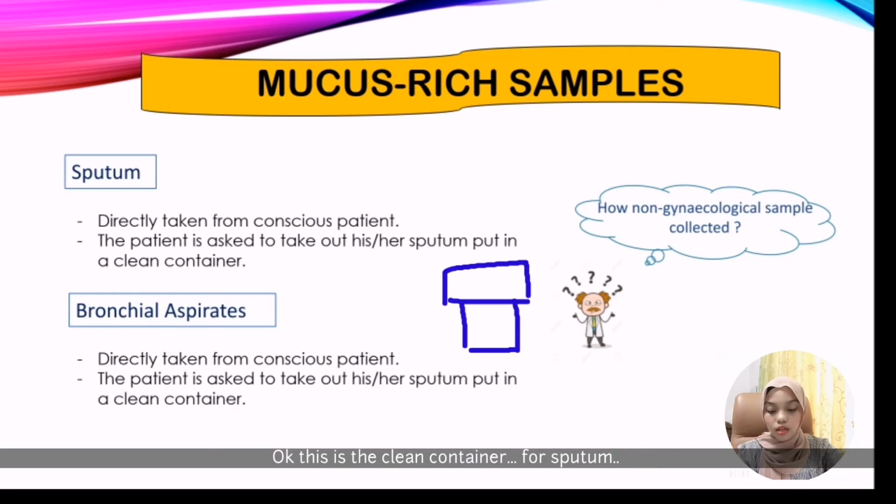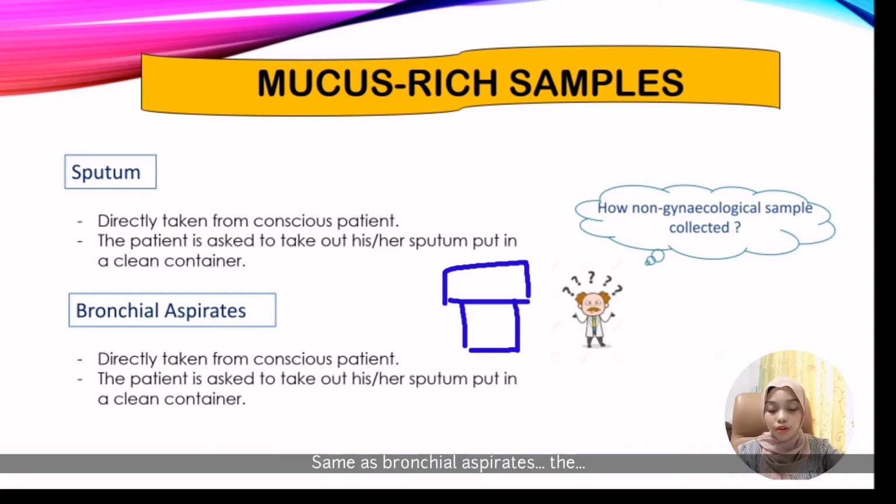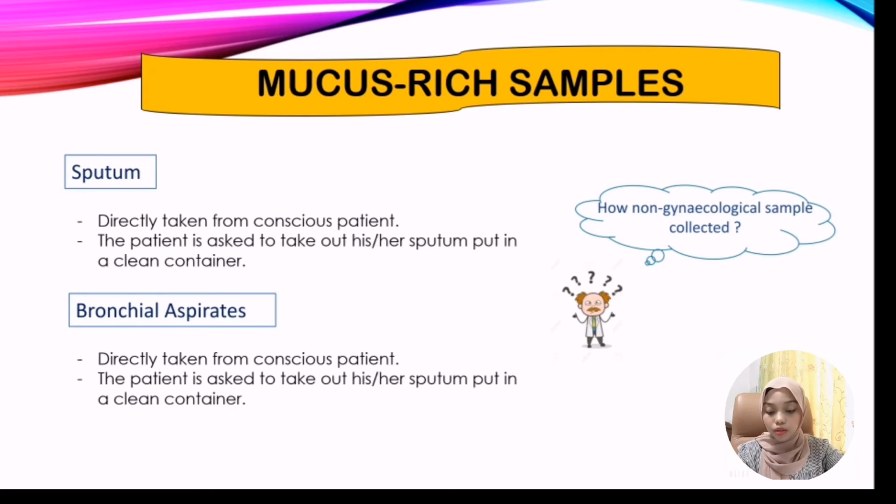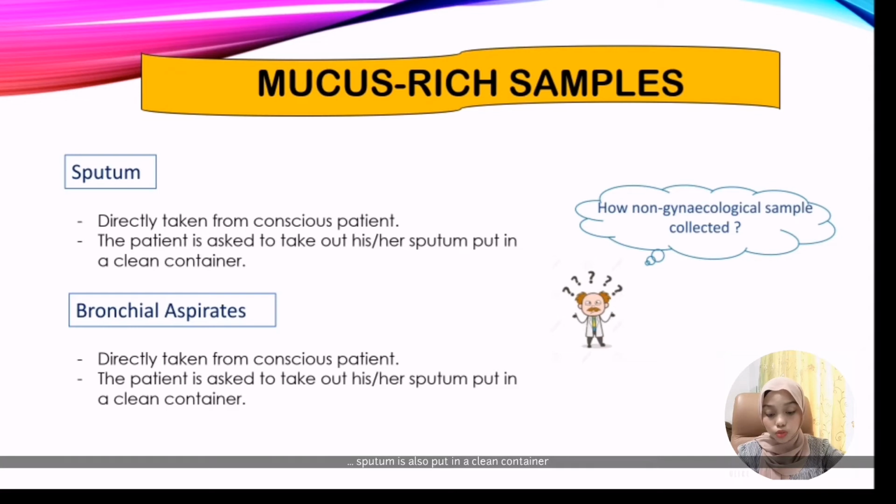Okay, this is a clean container for sputum. Same as bronchial aspirates, the sample is also put in a clean container, and the point is also that it is directly taken from a conscious patient.